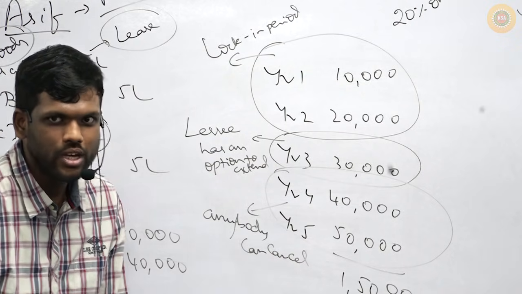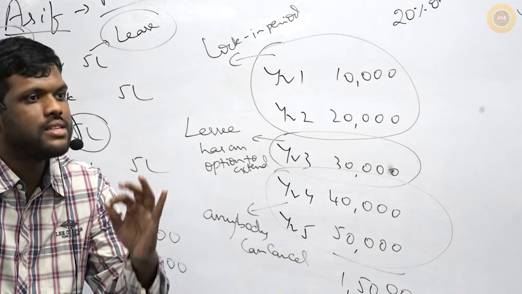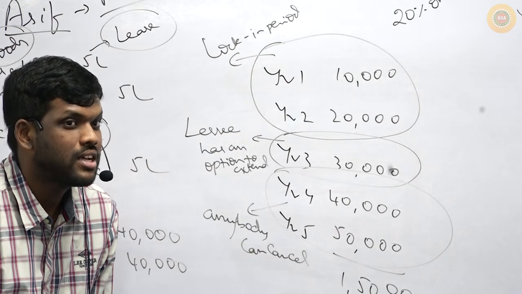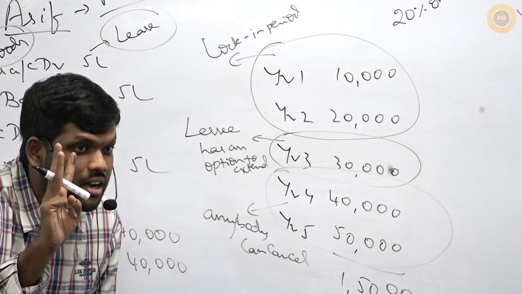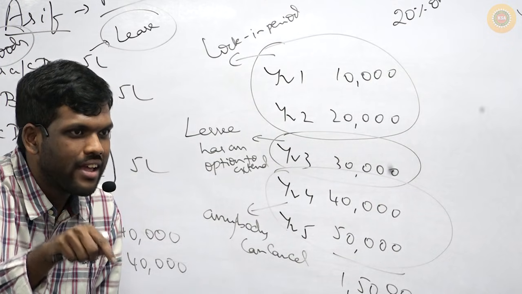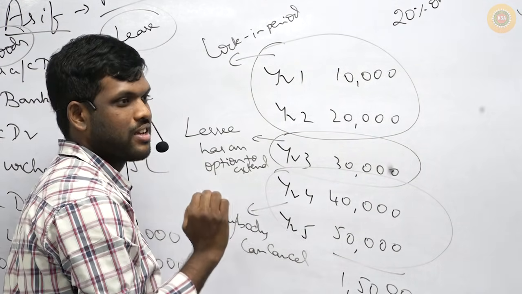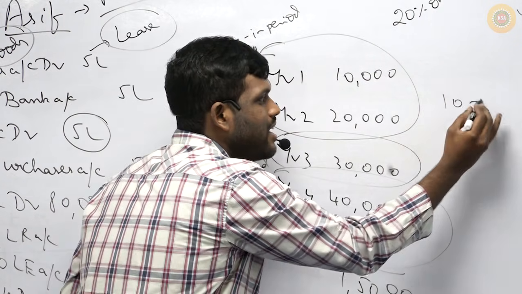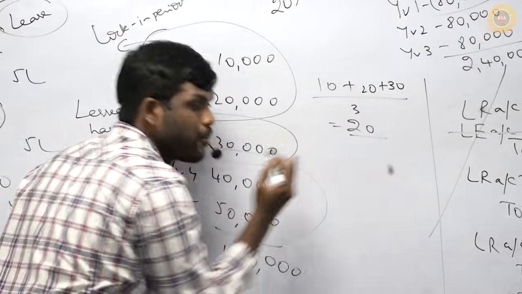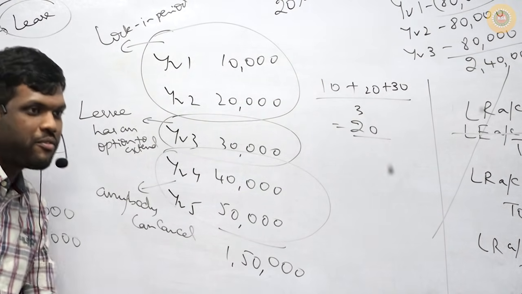Case 1, lessee is reasonably certain to extend. அப்போ what will be the lease term? 3 years. Lease term 3 years. Now when I am doing straight lining, I should take only lease term which is 3 years. நான் என்ன பண்ணணும்னா 10 plus 20 plus 30 by 3, 20 போடணும். எல்லாரும் என்ன பண்ணுவாங்க தெரியுமா, 1,50,000 by 5 போட்டு 30 போடுவாங்க.